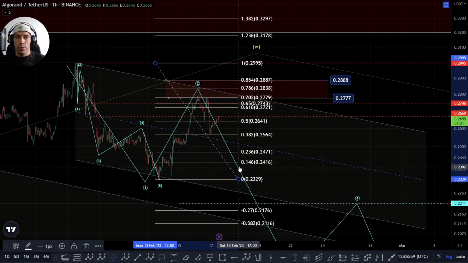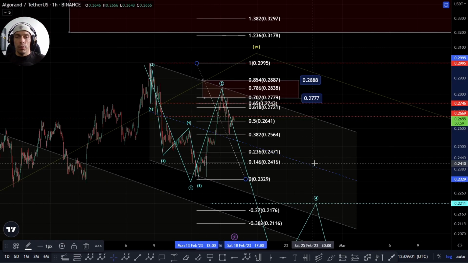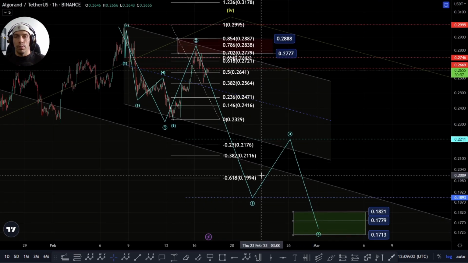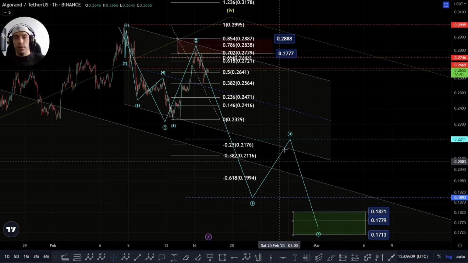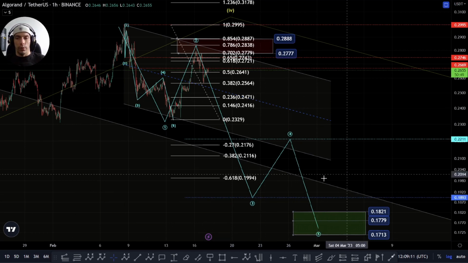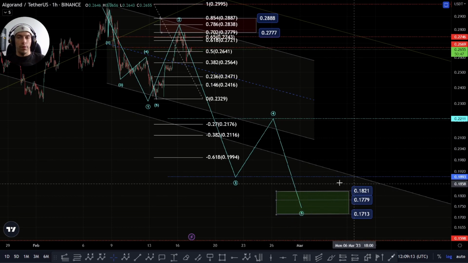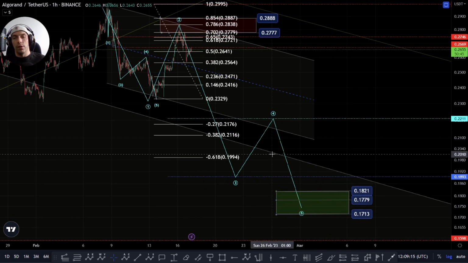So if we do start to break down here more impulsively, what I'd be looking out for is the fact that we could actually look to push down towards this 1893. If we do move down towards this 1893 area, then I'd be on the lookout for an additional 4th and 5th to the downside, which could potentially look to push us down towards this 1821.